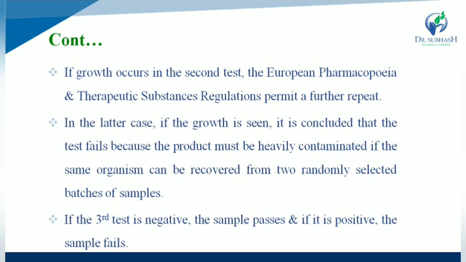In the latter case, if growth is seen, it is concluded that the test fails because the product must be heavily contaminated, and if the same organism can be recovered from two randomly selected batches of sample. So if you perform a test and growth is observed, you perform a second test. If further growth is observed, you perform a third test, and if growth is observed again, it is concluded that the test has failed because the product is heavily contaminated with microorganisms.